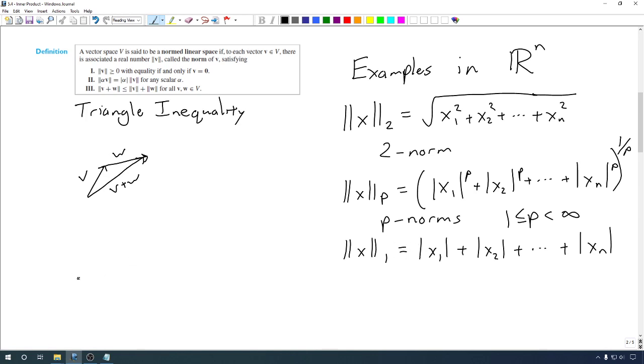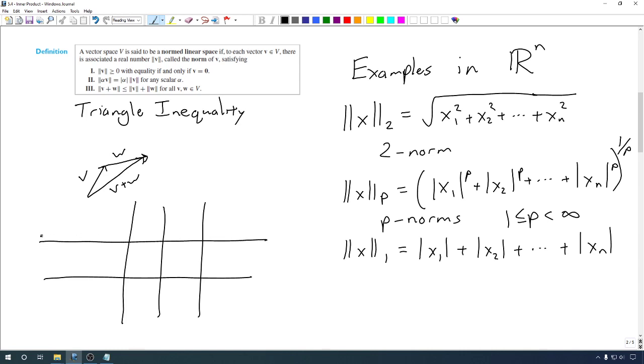Kind of the idea here is that if we have a city where our streets are all perpendicular to each other, a nicely laid out city, then we can measure distances, lengths of vectors. So if we have a vector, say, going from this point to this point, we're measuring the distance along here and the distance along here, and we're adding those two distances together in order to get the length of this vector.